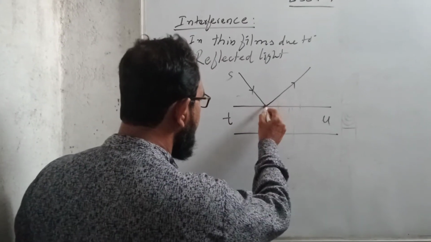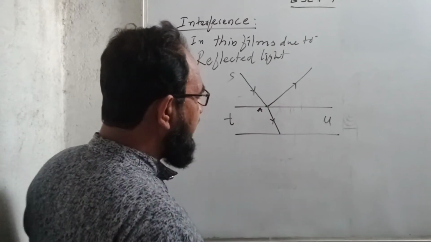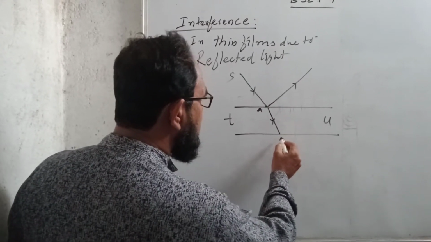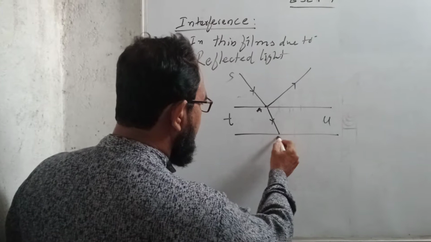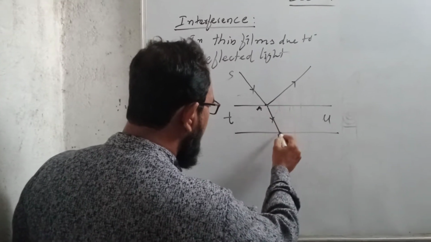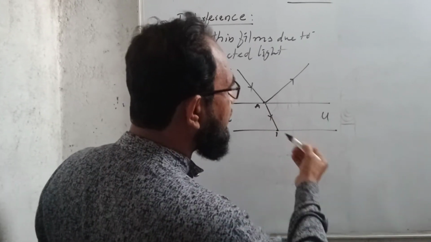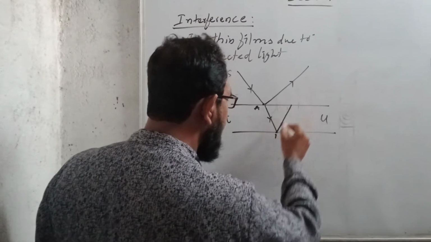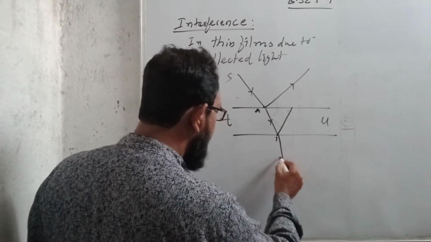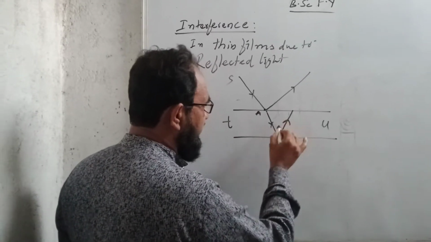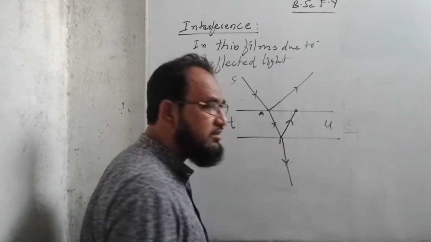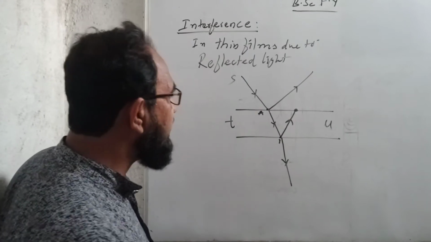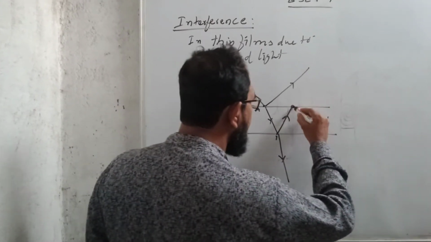Suppose this point is point A, and this point is point B. At this point also there will be reflection of light. Light is partially reflected and partially refracted. So this light ray at this surface will also be reflected in the same medium.